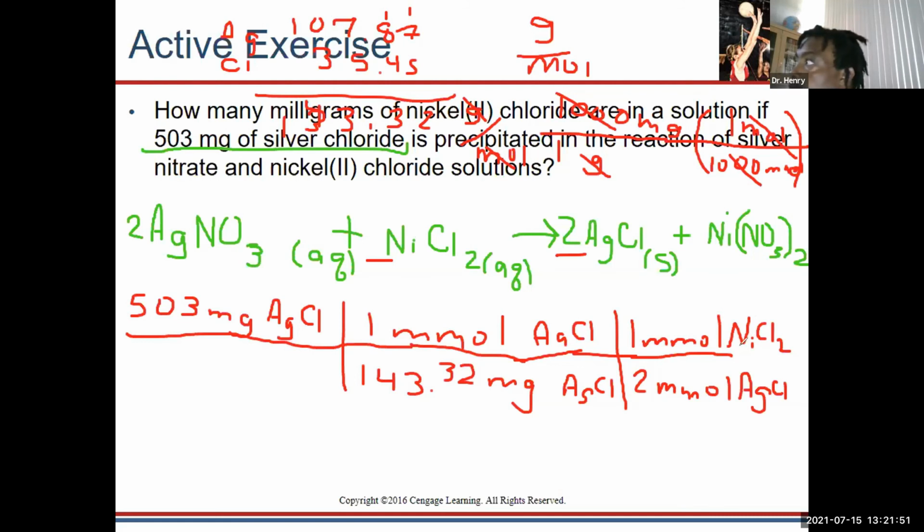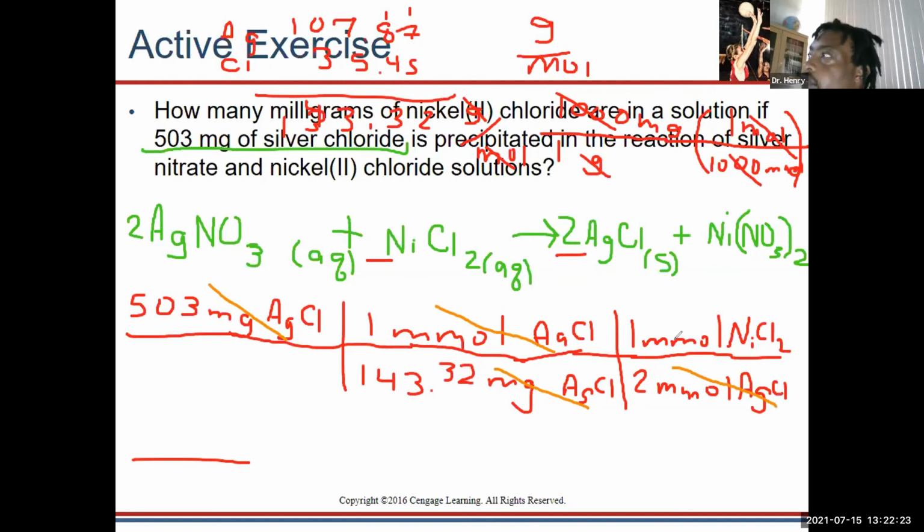So I'm going to continue down the next line here. Okay, but I want milligrams of nickel 2 chloride. So how do I go from moles? Because if we look at our units, millimoles of silver chloride are canceled out.